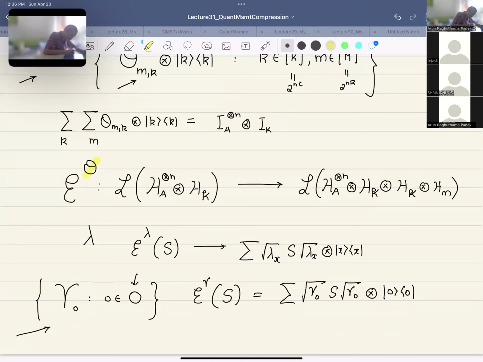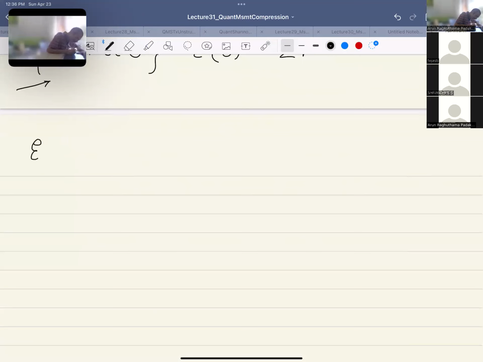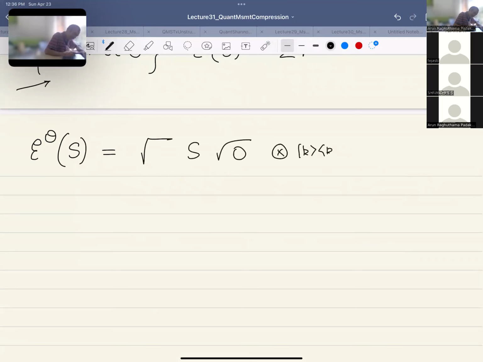So this theta operates on this space, leaves that space as is, and it's going to throw an outcome, just like in here. Okay, just like in here. So what is theta? E theta operates on S, and it has to do this theta S theta tensor K K M M, right?